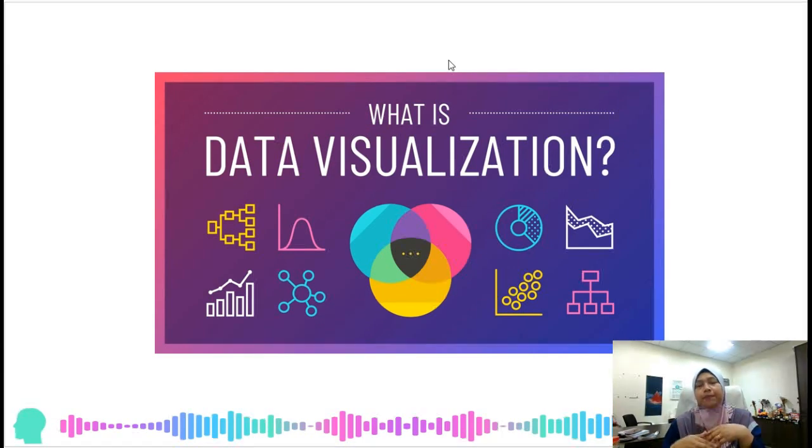So converting the data into something that our brain reads better, remembers better and understands better is definitely better. The main reason of this class, macam yang saya dah cakap sebelum ni, is that throughout this class you will be learning how to do data visualization.